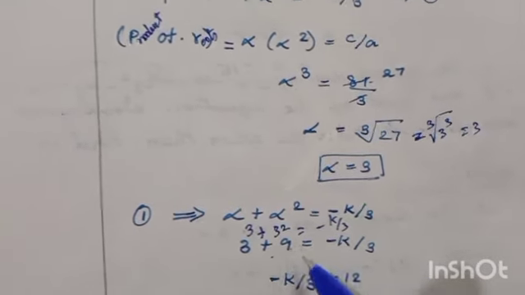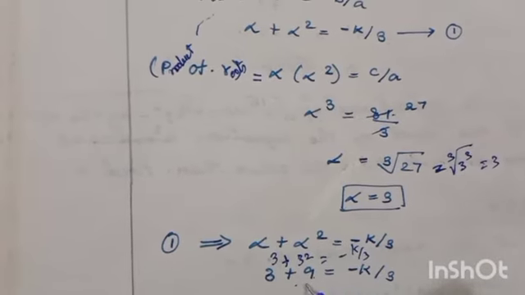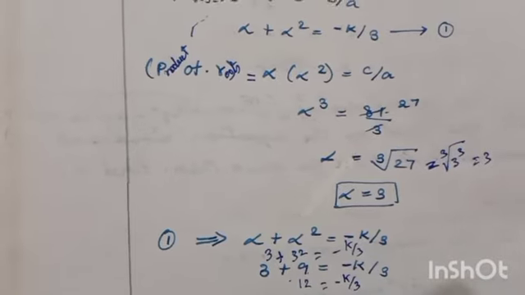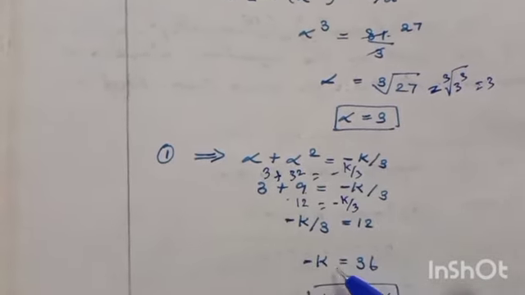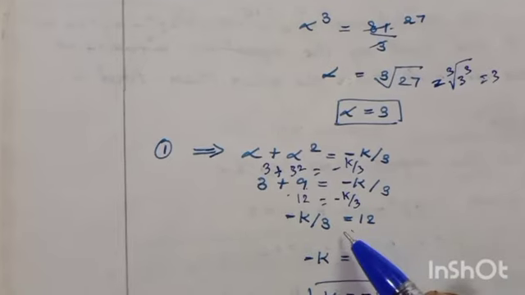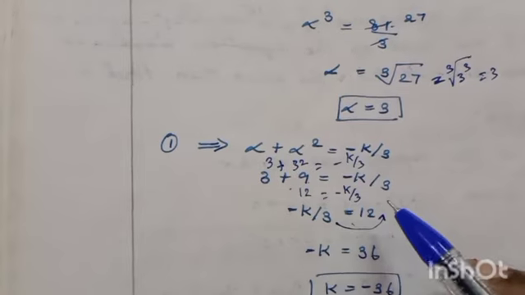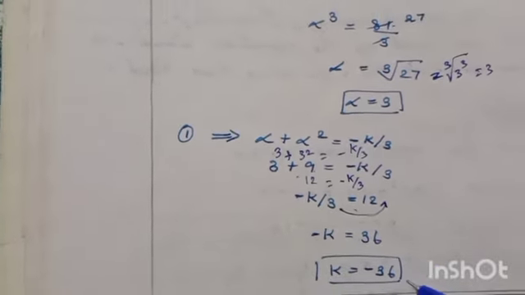Adding these two, what do you get? 12. 12 is equal to minus k by 3. So minus k is equal to 36. This 3 transposes here and becomes multiplication, 12 3s are 36. So k is equal to minus 36.